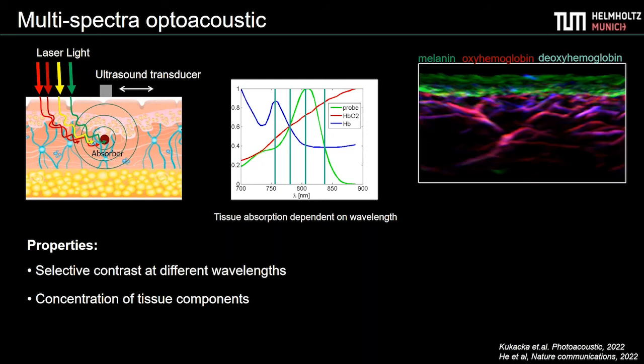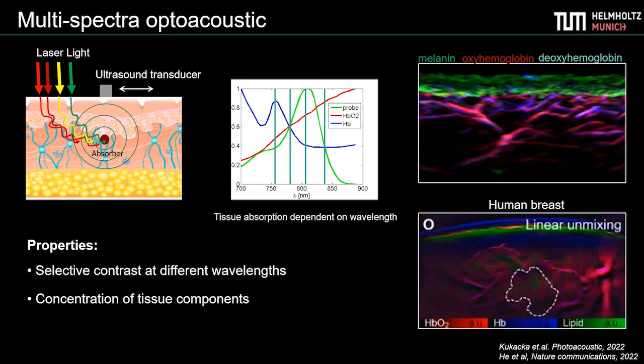Here shows, for example, using 4 wavelengths, we can resolve the melanin, oxyhemoglobin, and deoxyhemoglobin of the human skin structure. And also, using this iThera Acuity MSOT system, for example, here shows that you can resolve the oxy-hemoglobin and lipids of the human breast.